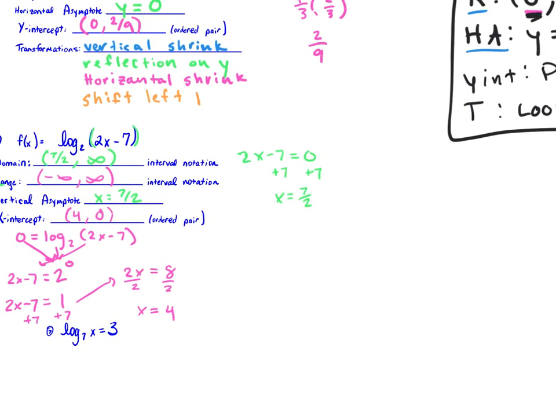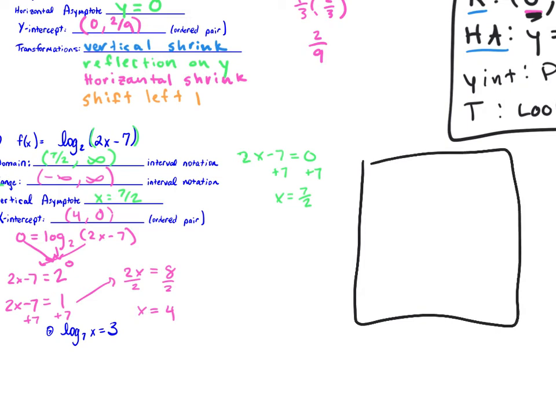Okay, so I made another one. Log functions 101. Our domain is always going to be the same as the vertical asymptote to infinity.